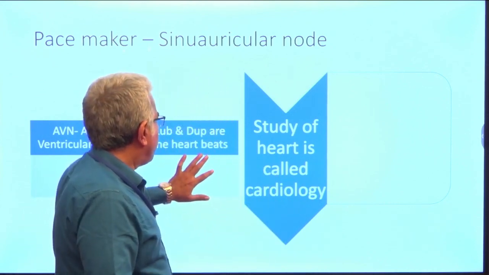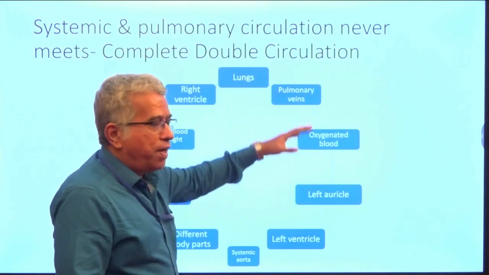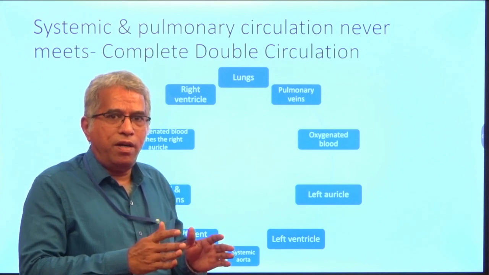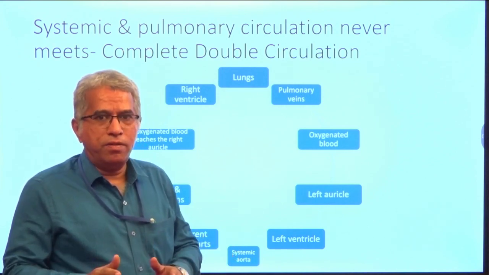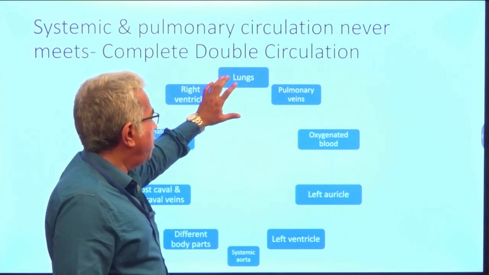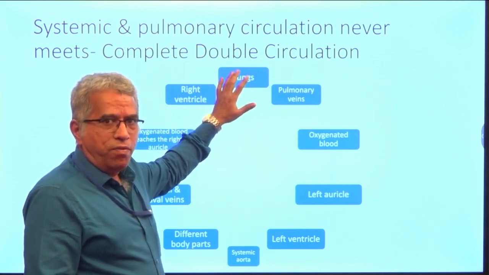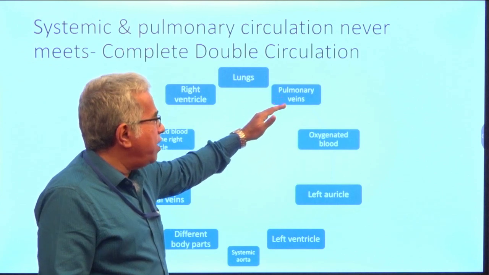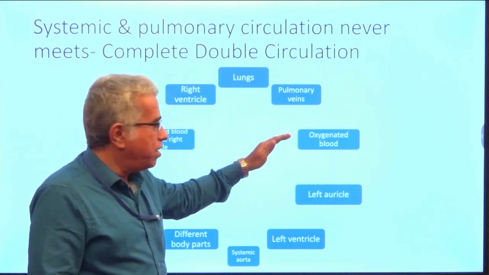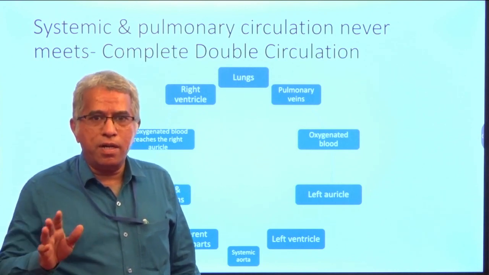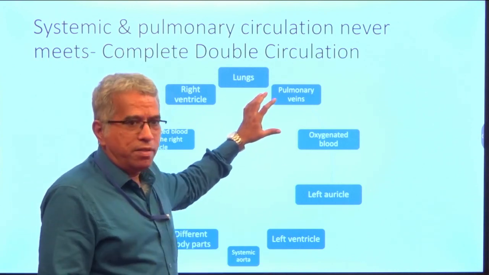So coming to the circulation part, I already mentioned that there are both systemic and pulmonary circulations. Now let us see. Lungs are the centers of oxygenation. From lungs, pulmonary veins carry oxygenated blood to the left auricle. Normally, veins carry deoxygenated blood, but pulmonary veins are the exception.